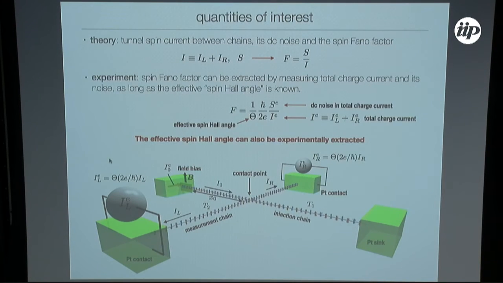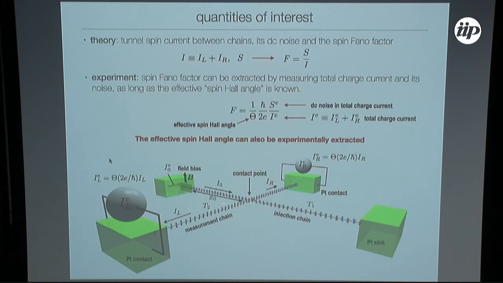Okay, so theoretically, what we can calculate quite easily is the spin current tunneling across the two spin chains and its noise, and we can define a Fano factor to be the noise-to-signal ratio of that quantity. Experimentally, I think what the experimentalists can access are the currents generated in the platinum contacts.